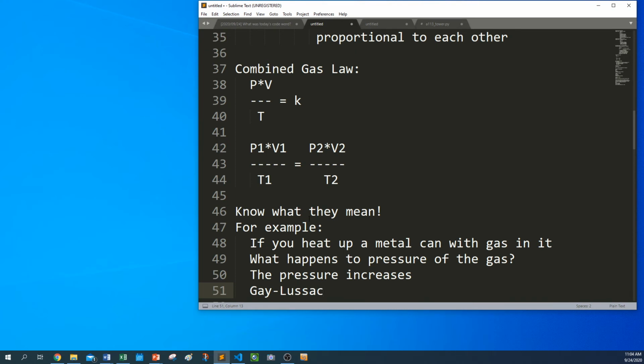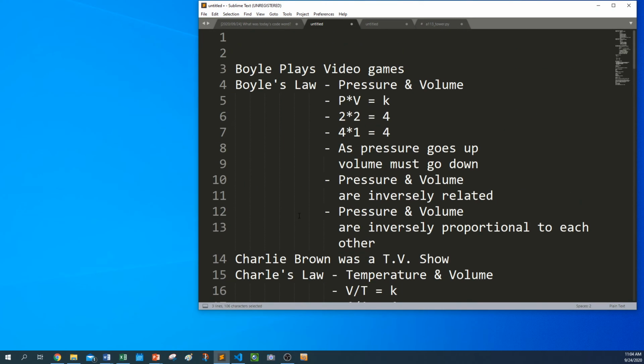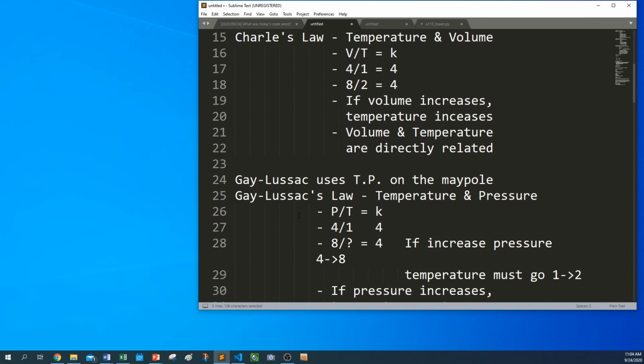So there are going to be a few questions where I give you a scenario and you need to predict what will happen based solely on these 3 laws. They don't give you these laws, you need to memorize them.